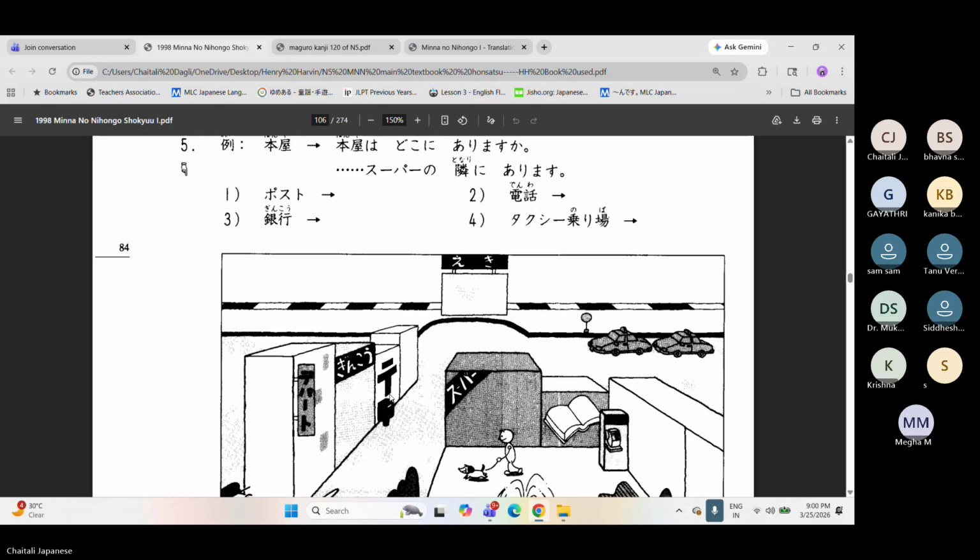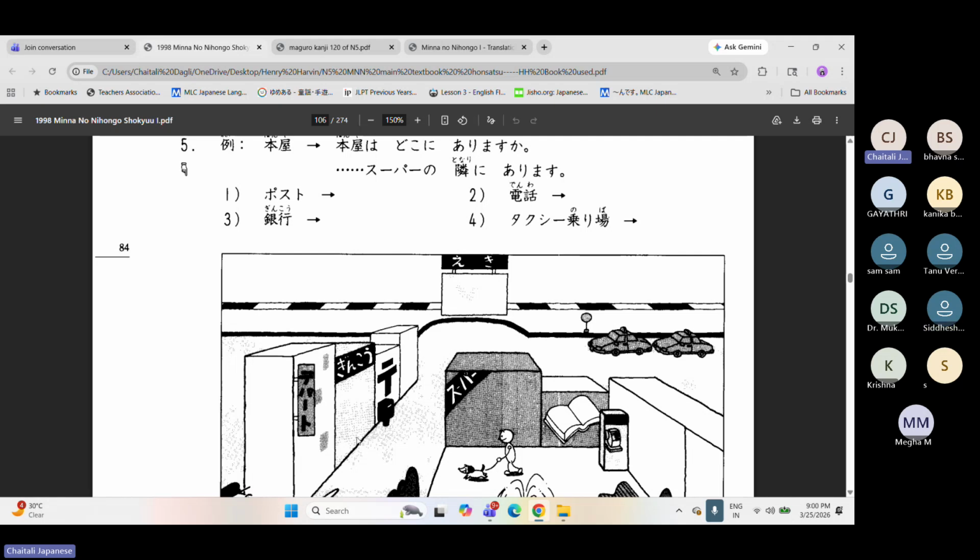Ginko. So where is ginko? Kinko is in front of the department store and the post office. No, so aida.